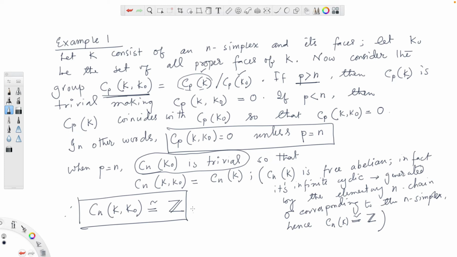Okay, all right, so that closes the story of the group of relative p chains on K modulo K0.